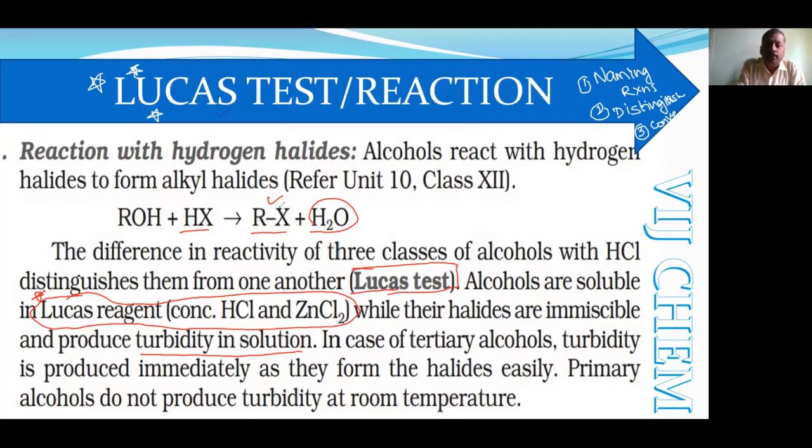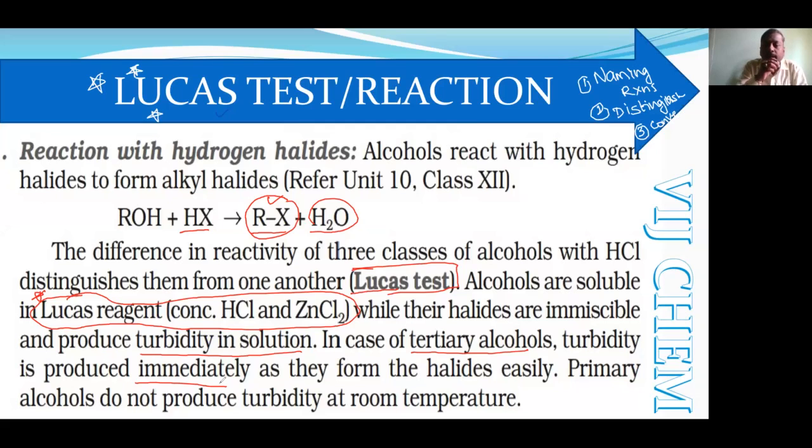So as soon as alcohol is converted into haloalkane, turbidity will be generated. Turbidity tells you that the reactants are now converted into product. Highly reactive alcohols, like tertiary alcohols, give a fast reaction, and turbidity is produced immediately.